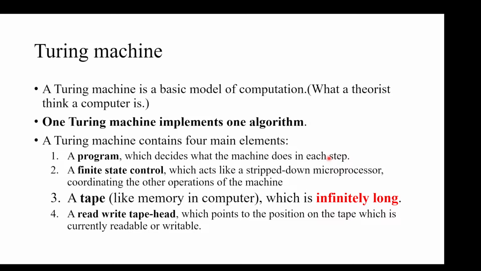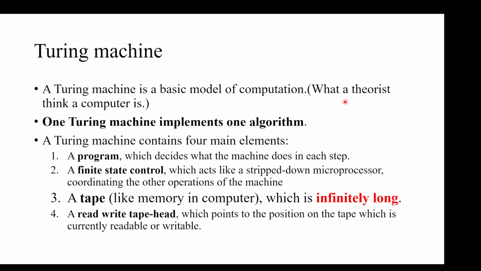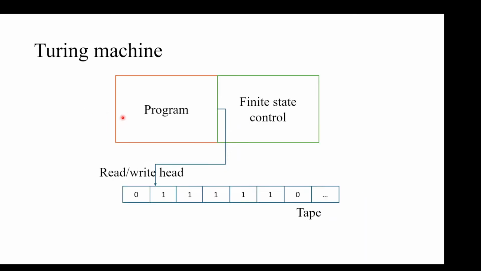Very quickly, the Turing machine. Hopefully you have heard of it, or even if you haven't learned it, you heard it somewhere. A Turing machine is basically what computer theorists think a computer is. There are a lot of different ways to build a computer.